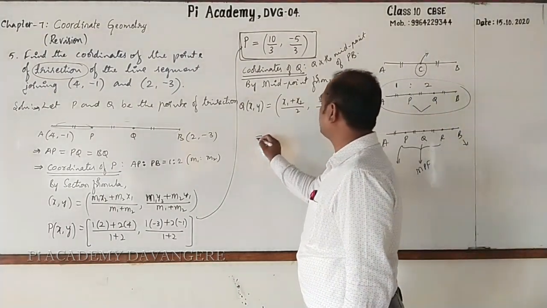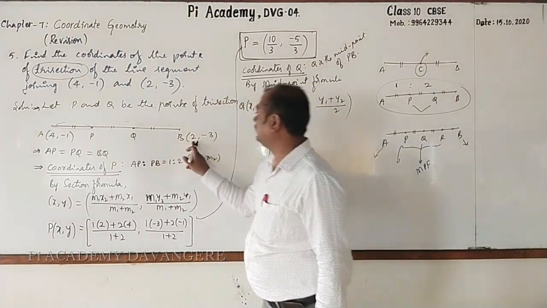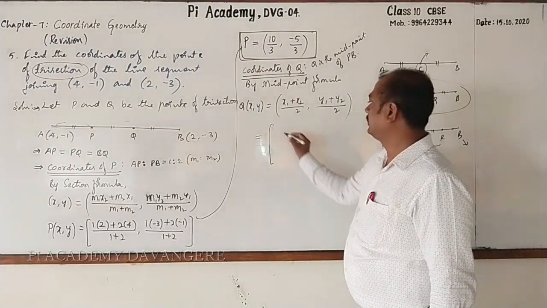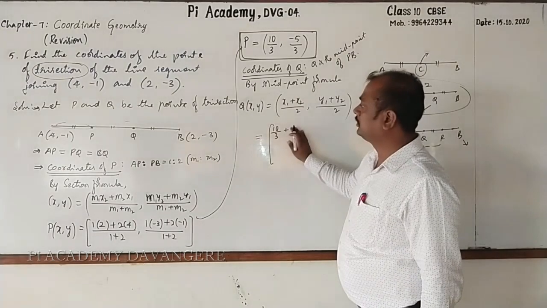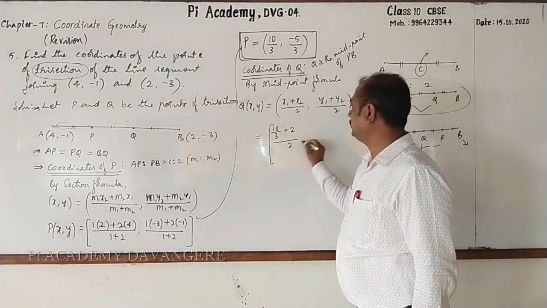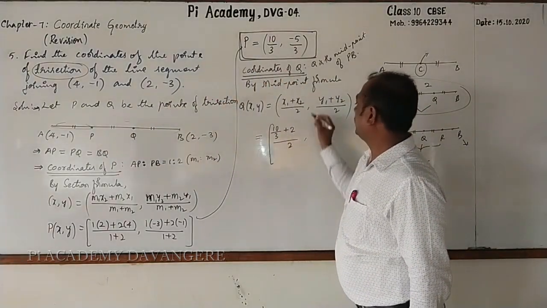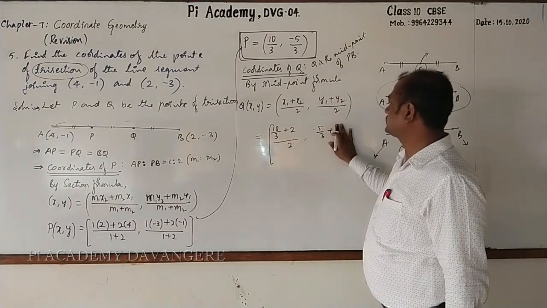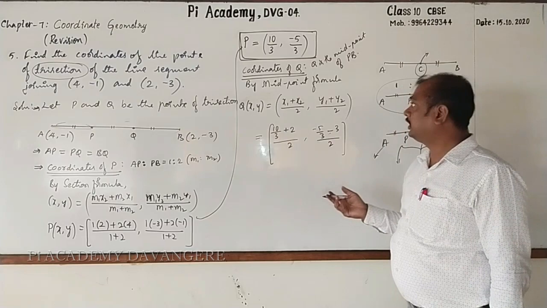Then this is equal to, what is x1 plus x2? Here P and this one. Here 10 by 3 plus 2, whole divided by 2. y1 plus y2: here P, minus 5 by 3 plus y2, minus 3. Directly you may write by 2. Hope that you all have understood this.